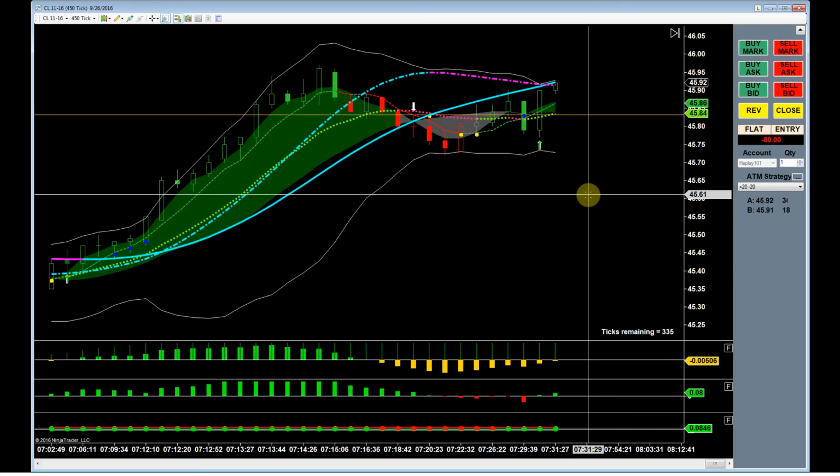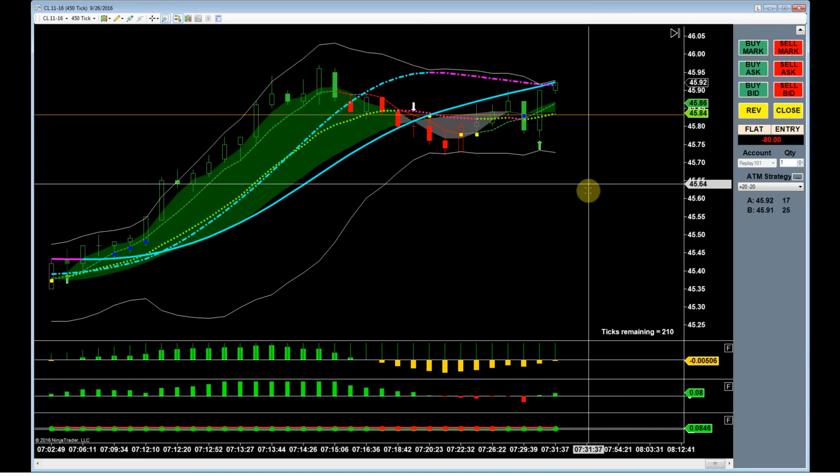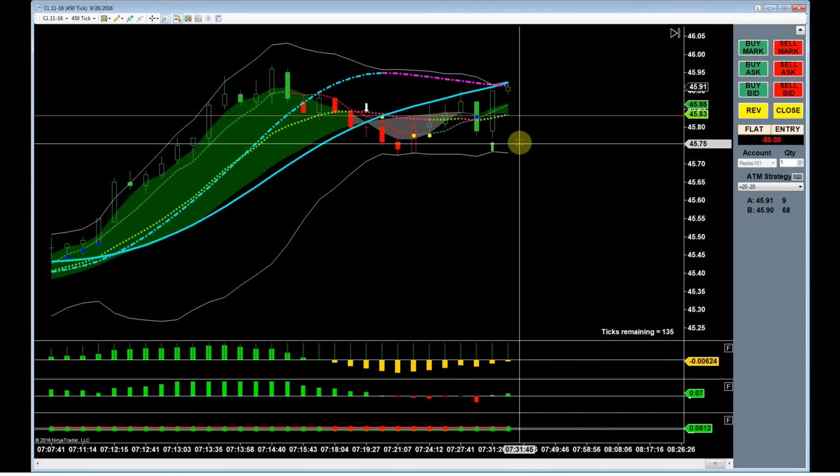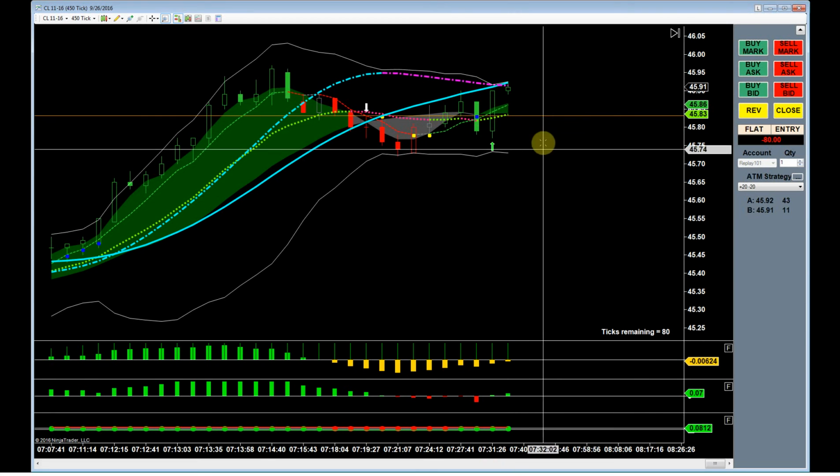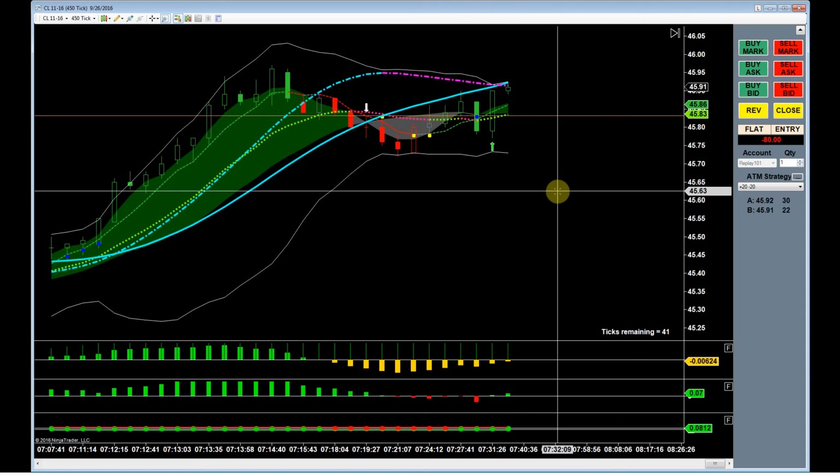But right now they're just kind of flipping around. We do have an official crossover now. You can see that. And you can put arrows on this if you want. Boomerang has that feature, and you can alarm the crossover, but it's not super vital. But if you want to do that, it's fine.